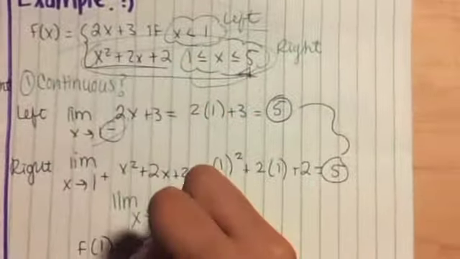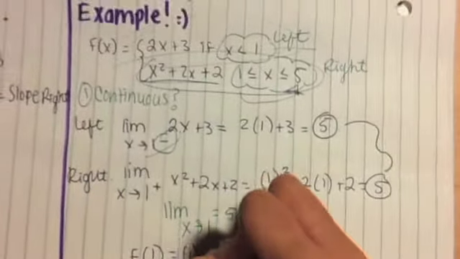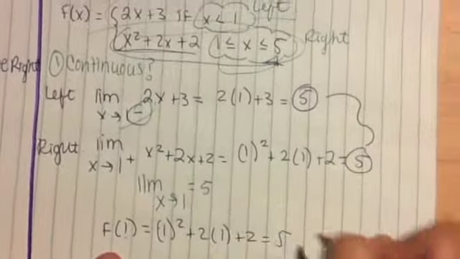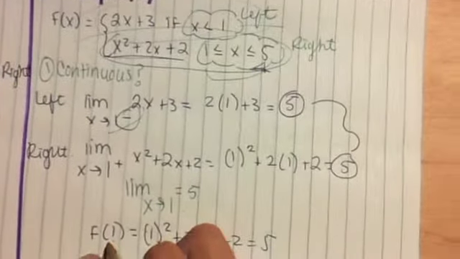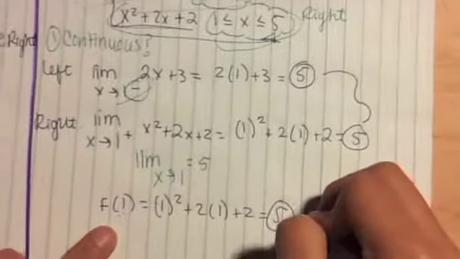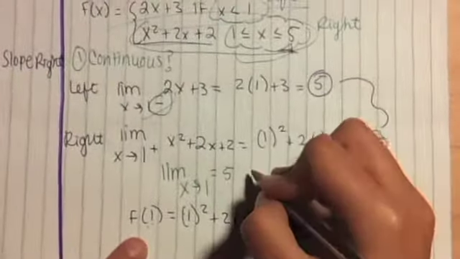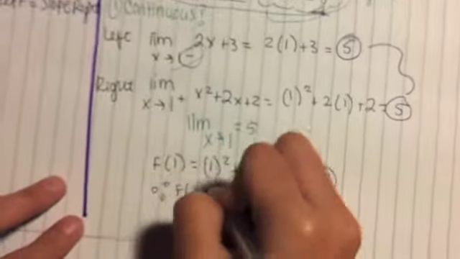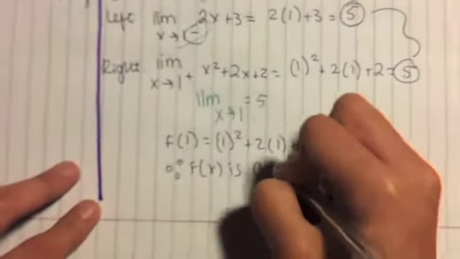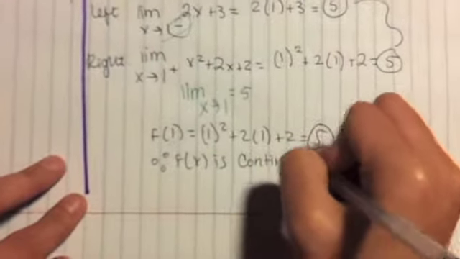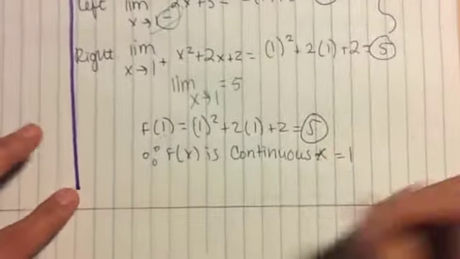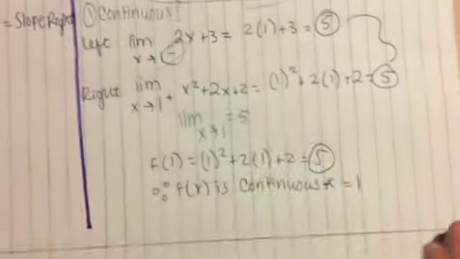Now we see that the point itself is equal to 5, so the function is continuous at x equals 1. Okay, now let's check the slopes, which is the final step to know if the derivative exists.